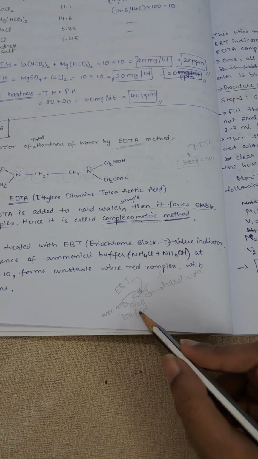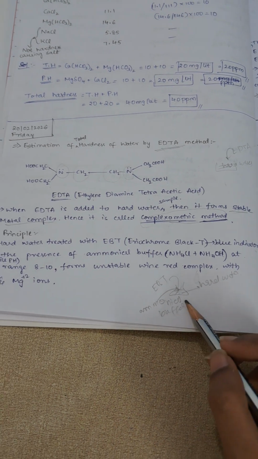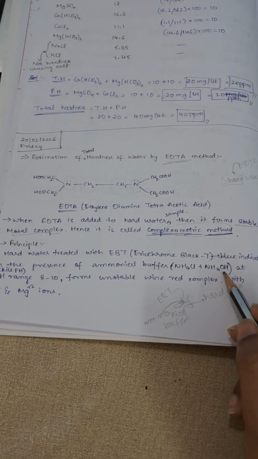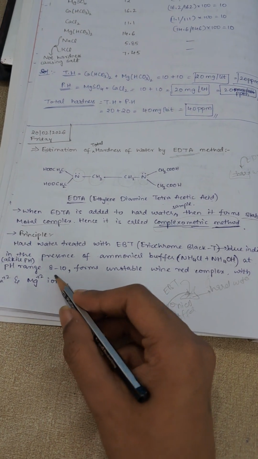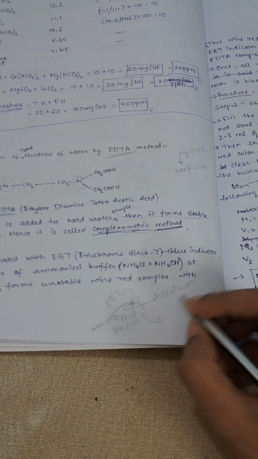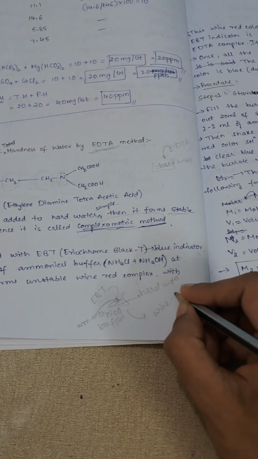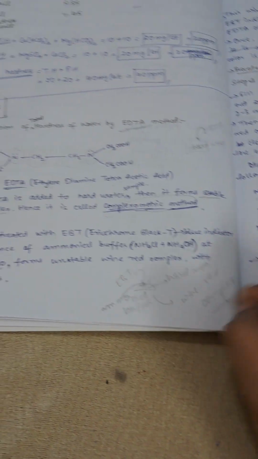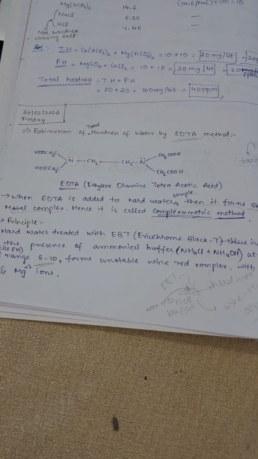The ammonical buffer composition is NH4Cl plus NH4OH at pH range 8 to 10. Then shake it, and you will get a wine red complex, which is unstable, with calcium and magnesium ions.